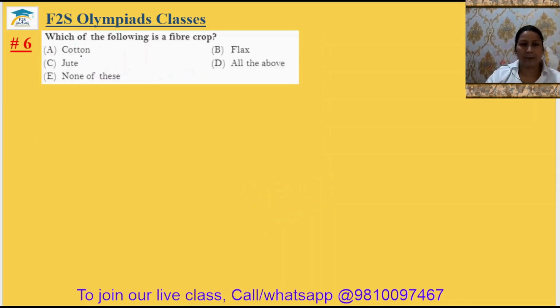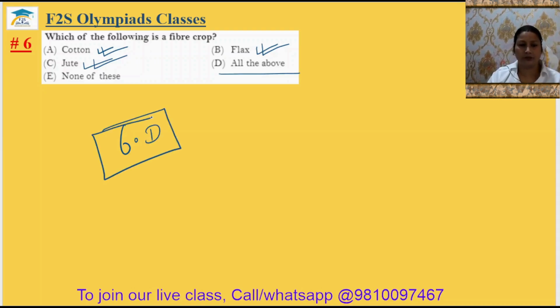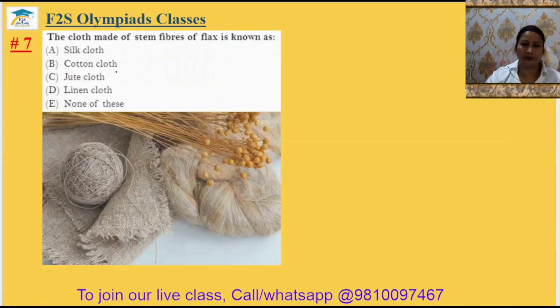Question number 6. Which of the following is a fiber crop? Cotton is a fiber crop. Yes, we get fiber from the cotton plant. Flax, we get linen from the flax plant. Jute, we get jute fiber from the jute plant. So the answer should be all of them. The sixth answer will be option D. Question number 7.